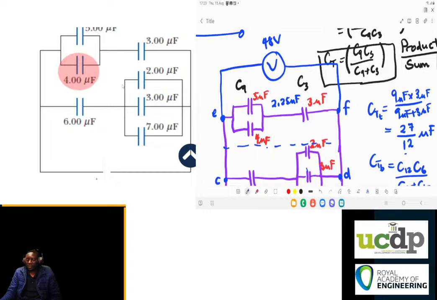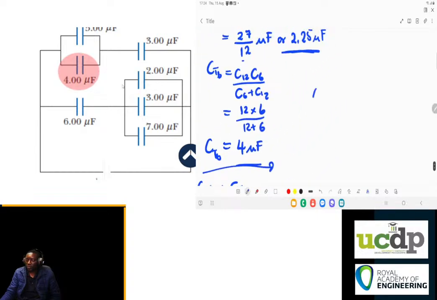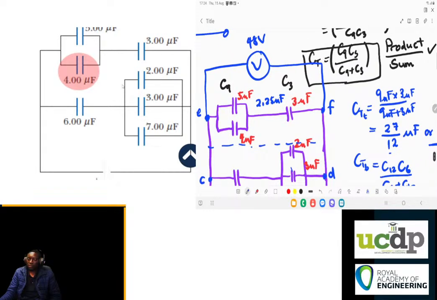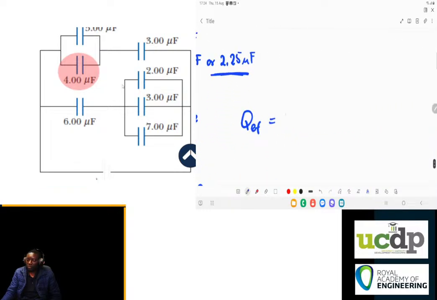I'm saying we can calculate the total charge. Good. The total charge between which points? Between E and F. Good. How do we do that? You will use the total capacitance for these two capacitors and multiply by their total voltage.